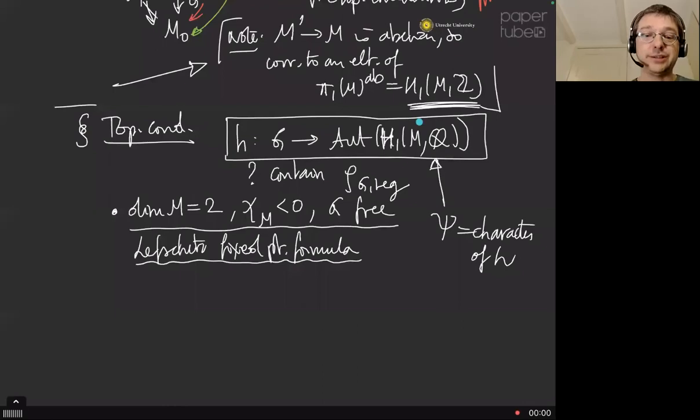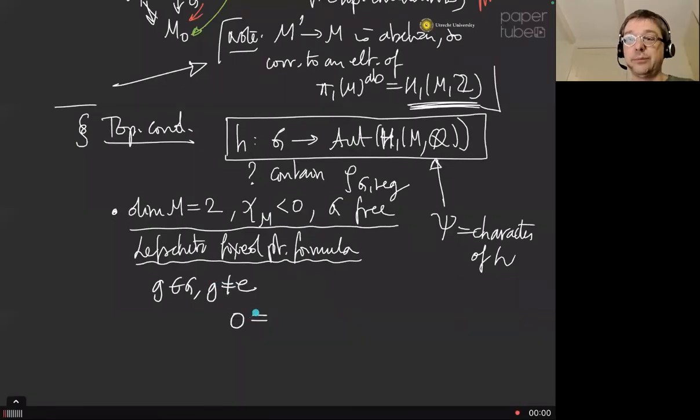Well, the trace formula tells us something. Namely, if I take an element in the group that's not trivial, then it has no fixed points. And no fixed points is the left-hand side of the Lefschetz fixed point formula. And the right-hand side is the alternating sum of traces on the homology groups. Now, there's only H0 and H2, which are one-dimensional with trivial action. So this gives a 2.